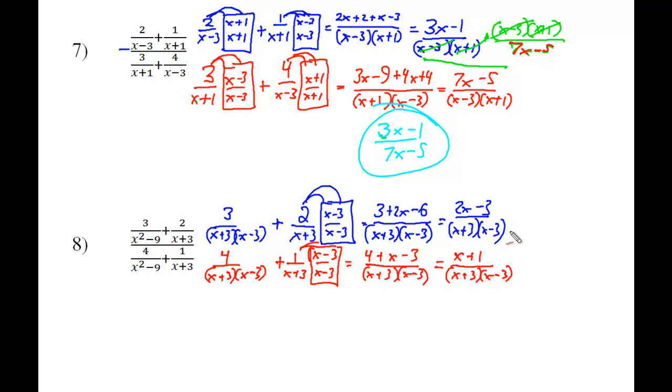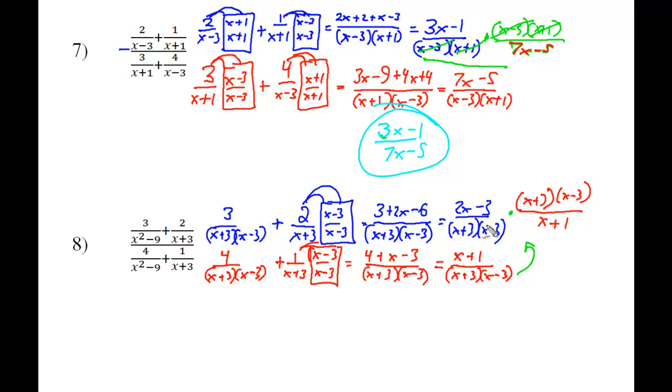All right, and what I'm going to do is I'm going to use my green pen to flip this around here, like so. So that is going to mean that my red equation, my denominator, is going to get flipped to the numerator. So this is going to be x plus 3, x minus 3 over x plus 1.